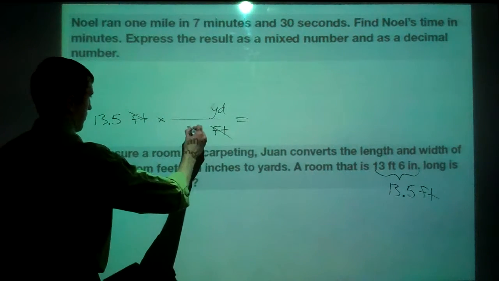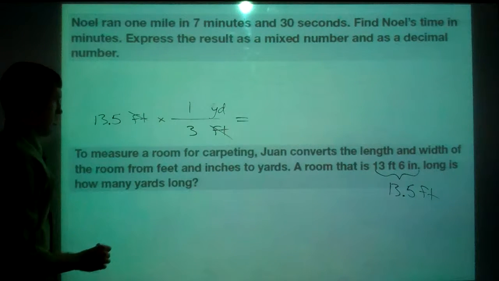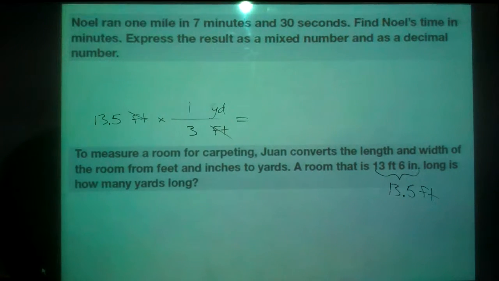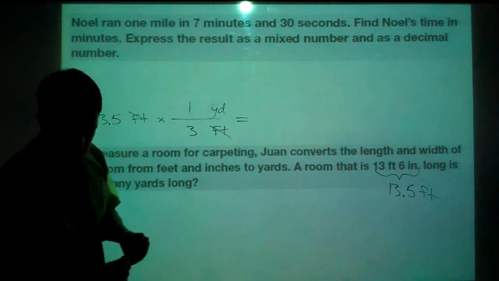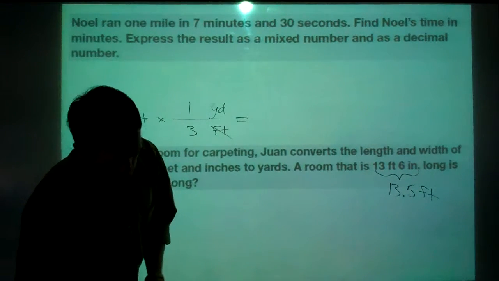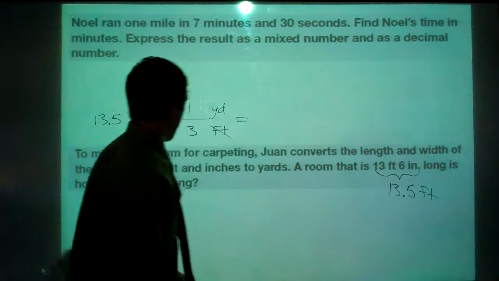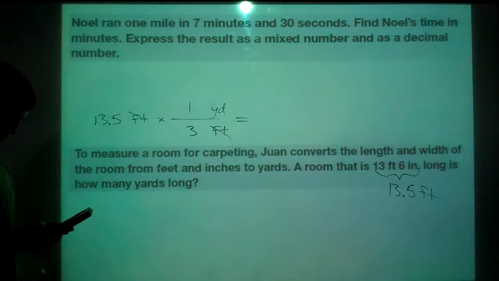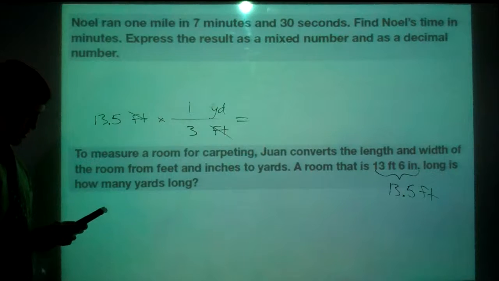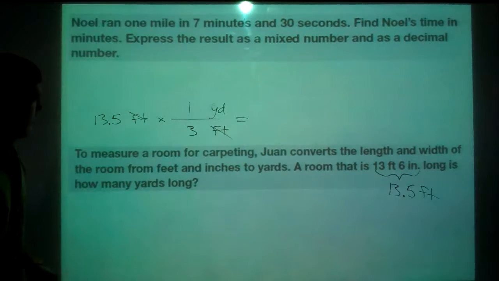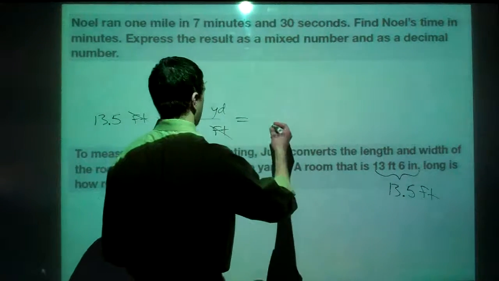There are 3 feet in 1 yard. Okay, so it looks like we've got 13.5 divided by 3. And if we do that, I'm just going to do it on the calculator here. Looks like we get 4.5 yards.